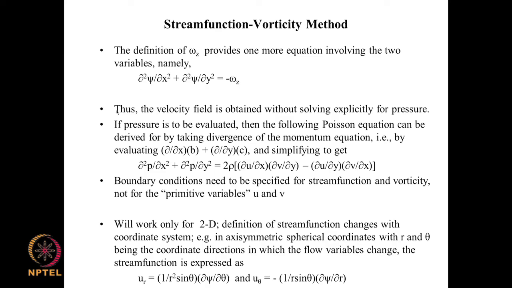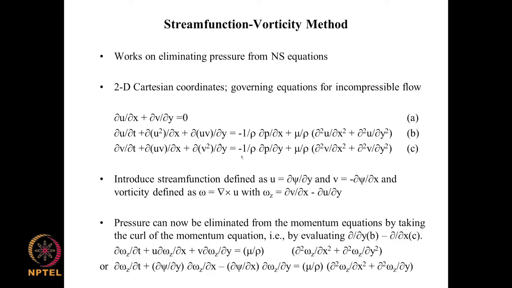And once we know psi ij, we can take the y derivative and get u, and similarly we take minus of the x derivative, minus ∂ψ/∂x, which will give us v.